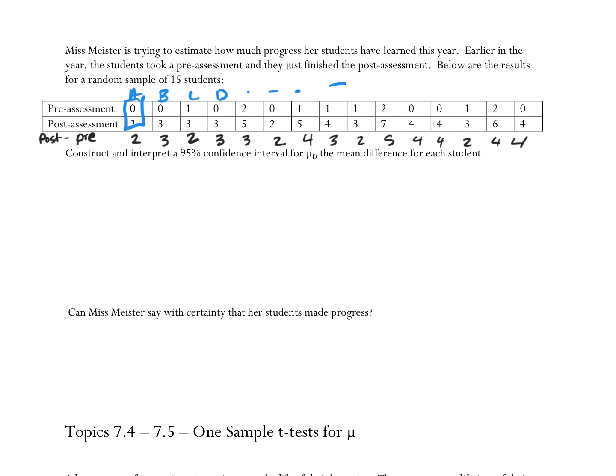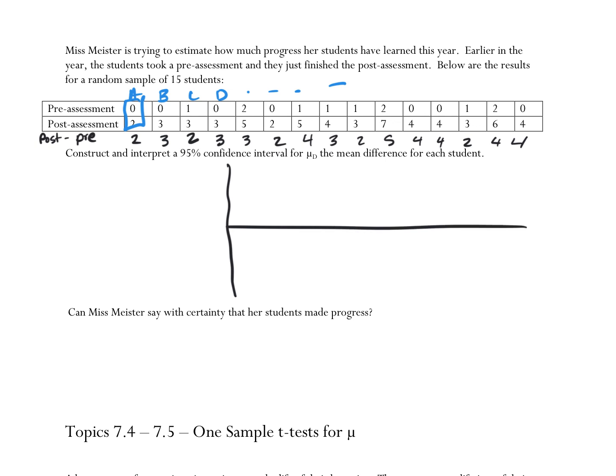Yeah. Everybody good? Okay. And so let's go ahead and construct and interpret a 95% confidence interval for mu d. So anytime you see construct and interpret, that tells us we're doing boxes. Okay.